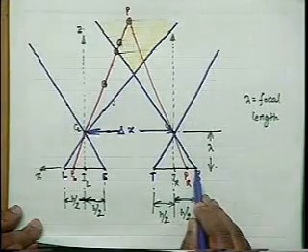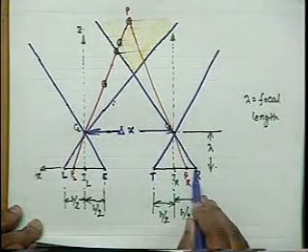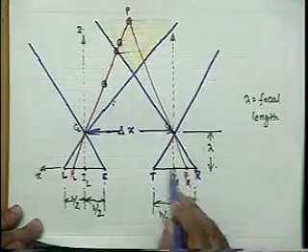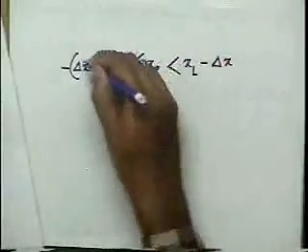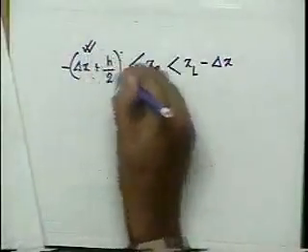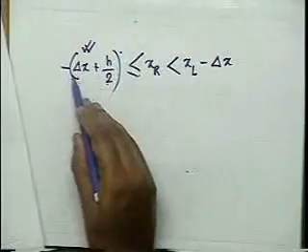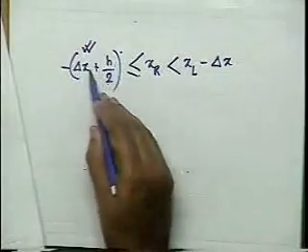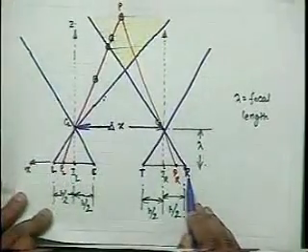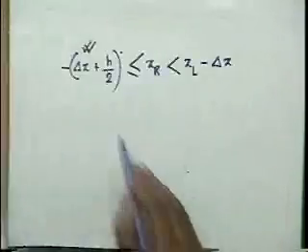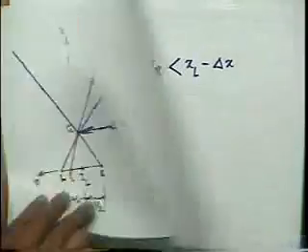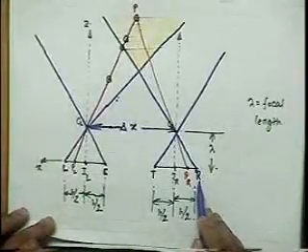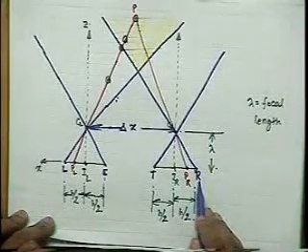I get this extreme point R over here. So this expression, minus within parenthesis delta X plus H by 2, gives me this position R. This particular limit I am getting when the image is at this point R. Is that clear?